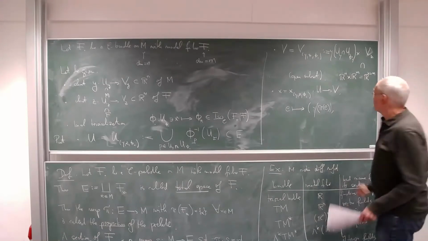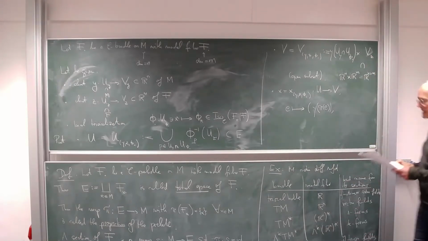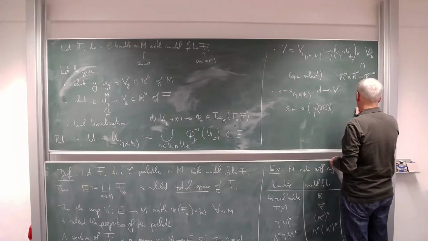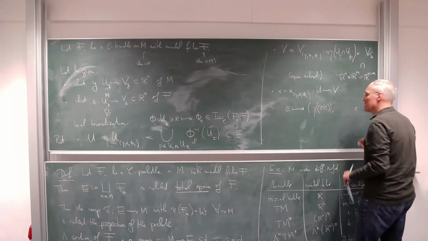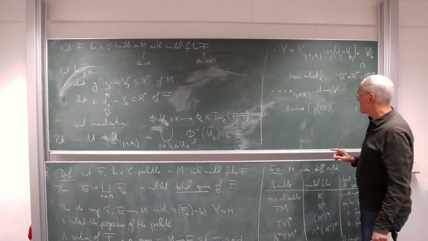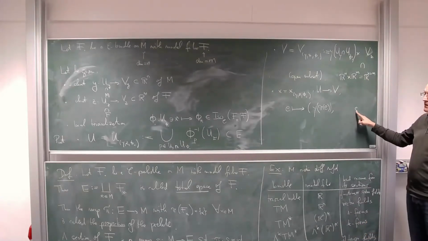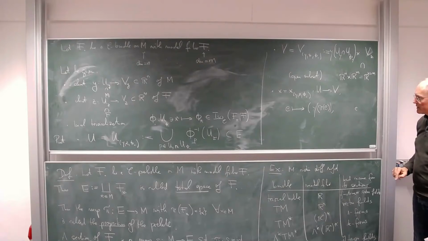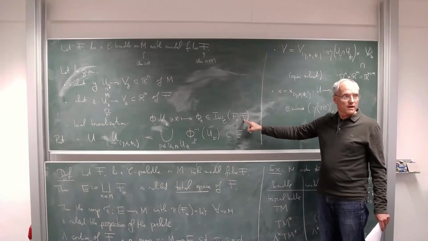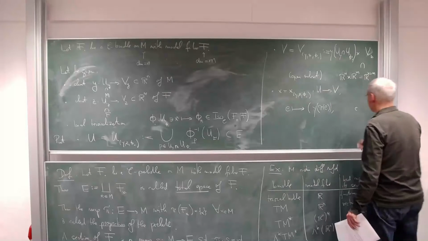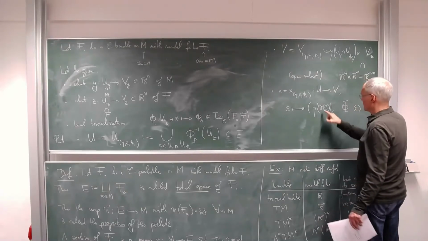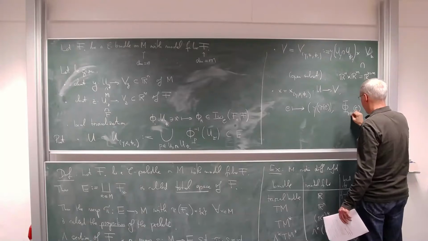And the other component, the component in the V z part, is as follows. I take this element, which is an element in the fiber with foot point pi of e, but I want to get into the model fiber because this is where I have my chart. So let me apply the local trivialization to it with this base point.